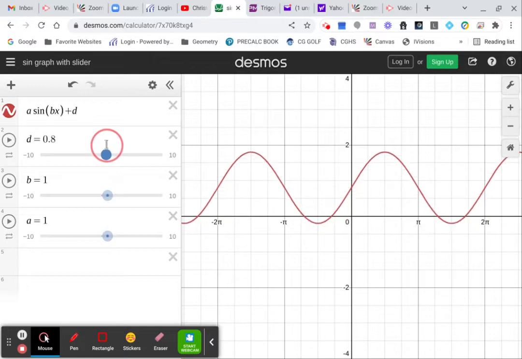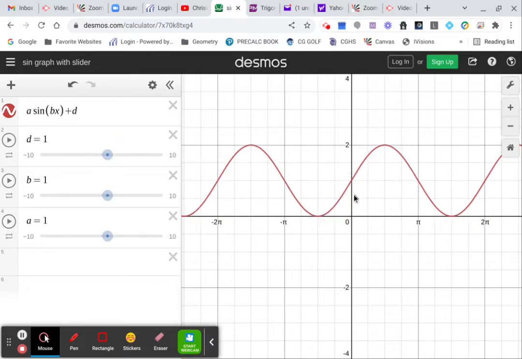Now it moves up to 1. So normally sine starts right here at 0, 0. And as it got shifted up 1, now it's starting at 0, 1. The amplitude is still 1, so the highest it's going to get is 1 plus 1, which is 2. And the lowest it's going to get is all the way down to 0.